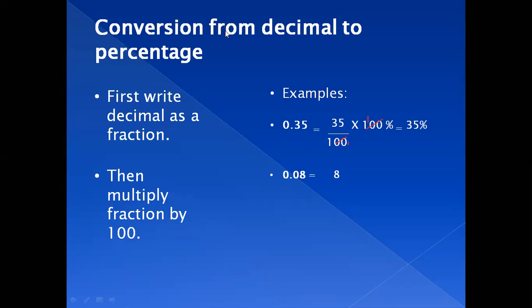And so this will become 8 hundredths. Then we will multiply it by 100%. And then we will do the simplification. 100 ones are 100 and 100 ones are 100. So 8 is left behind and my answer is 8%.